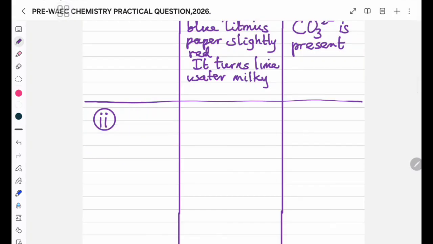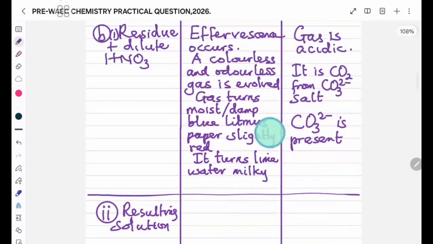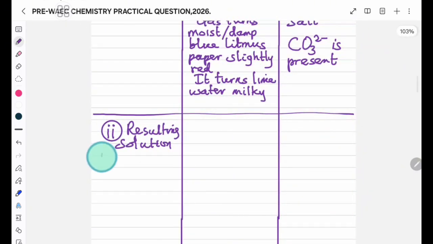This is the resulting solution of the residue above plus sodium hydroxide.